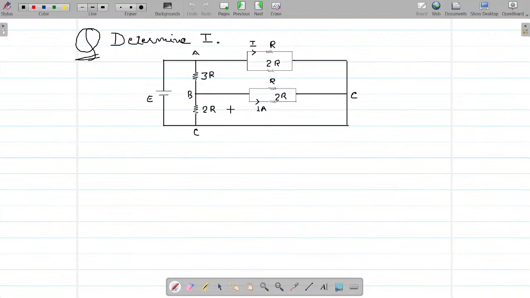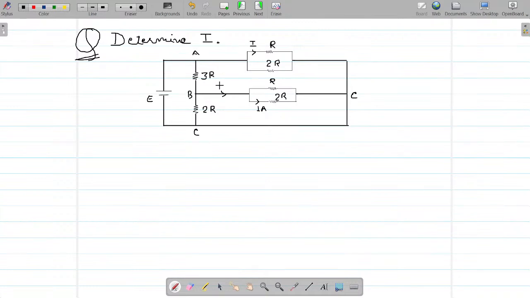If you look closely, you will realize between B and C, R and 2R are in parallel, right? So the current in this branch, let us name it.